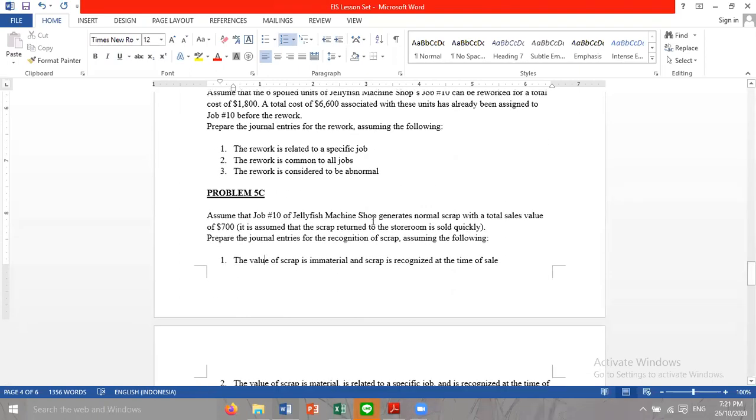Next one is problem 5C. Assume that job 10 of jellyfish machine shop generates normal scrap with a total sales value of 700. It is assumed that the scrap returned to the storeroom is sold quickly. Prepare the journal entries for the recognition of scrap assuming the following. First, the value of scrap is immaterial and the scrap is recognized at time of sale.